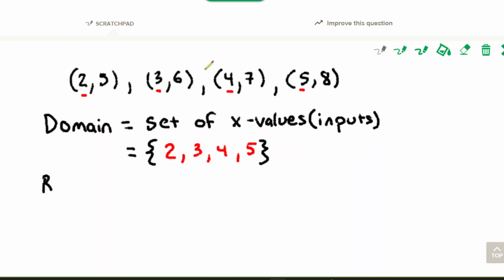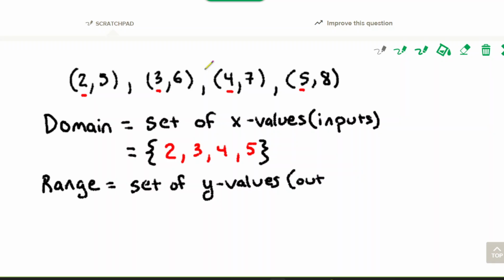And then the range is just the set of all the y values or the y coordinates or the outputs. So it's the set of the y values or the outputs or the second coordinates, y coordinates, right? So here, in this particular example, and I'll do this in a different color, say blue, the y coordinates of these pairs are 5, 6, 7, and 8.